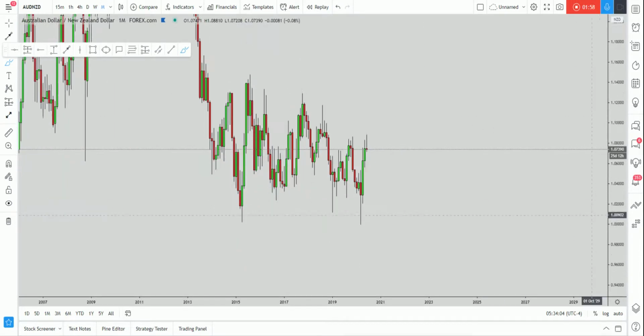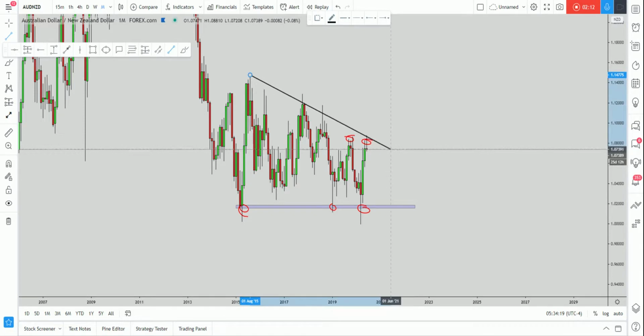From a monthly perspective, we know that the market has rejected this extremely strong structure area. It was support here, again support here, again support here. And the market is currently rejecting this previous resistance, again resistance here. Plus, if you take a nice look, you will see that currently the market is also rejecting this very important monthly trend line. So we have a previous high here in confluence with the trend line.